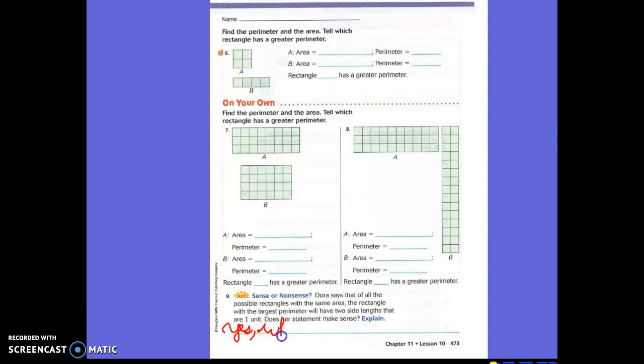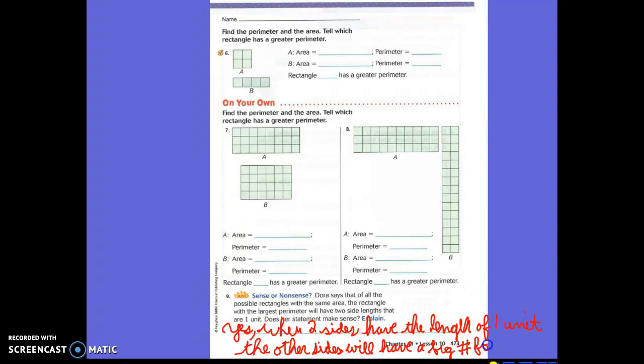Let's write that. Let's say when 2 sides have the length of 1 unit, the other sides will have a big number.